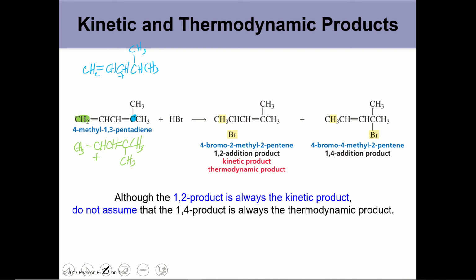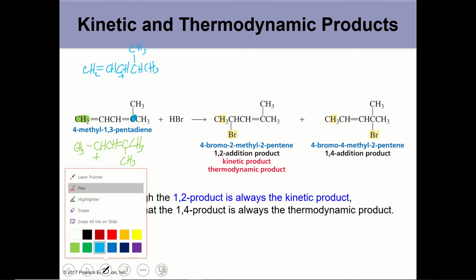And so it turns out that the green is going to be the best position to add hydrogen at the beginning, because if you determine that the position for the positive charge is equal, then you can determine whether the green carbon or the blue carbon adds hydrogen by looking at the pi bond. The most stable position for the pi bond is the second thing to consider after considering cation.